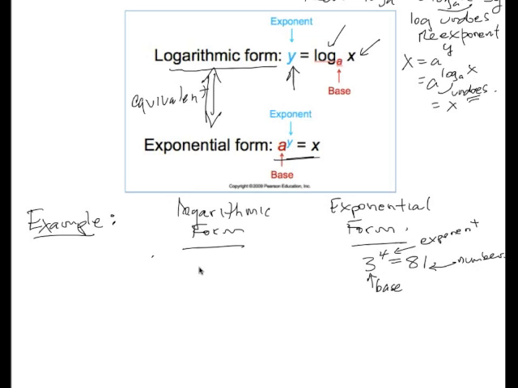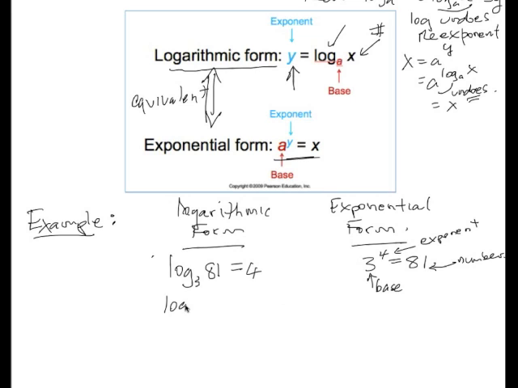So given that's the case, if I now want to go to logarithmic form, then what I have is that I want to take the log in base 3, so that's our base, of this number, which is 81, is actually equal to the exponent. So notice that that's the exponent. So here's the number, and here's the exponent, which of course is 4. So there's our equivalent logarithmic form.